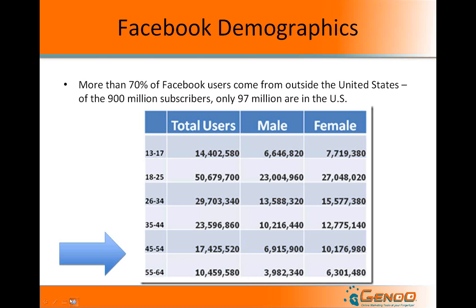Here in the United States, 10,000 of us reach 65 every day as the baby boom generation hits retirement age. It's important to note that the 55 to 64 and older age group is almost the size of the 13 to 17-year-old age group, and it's further evidence that Facebook isn't just limited to young people.